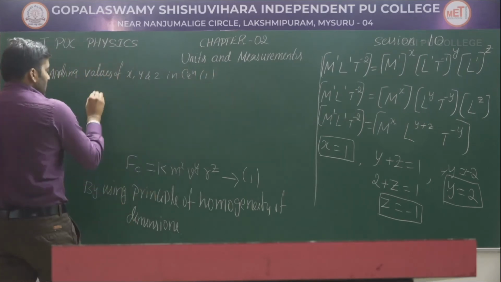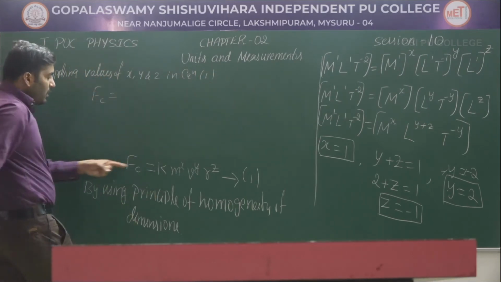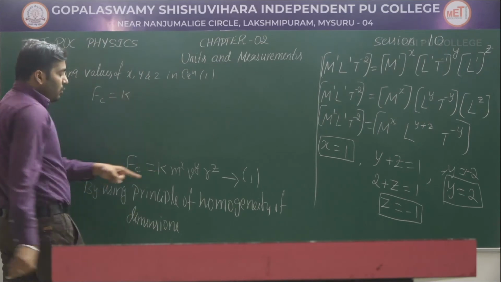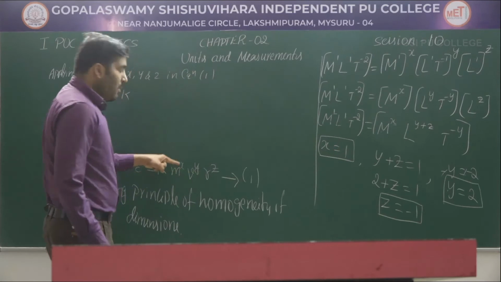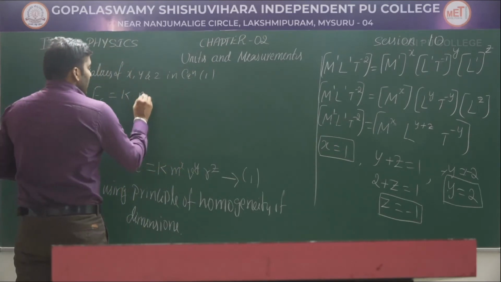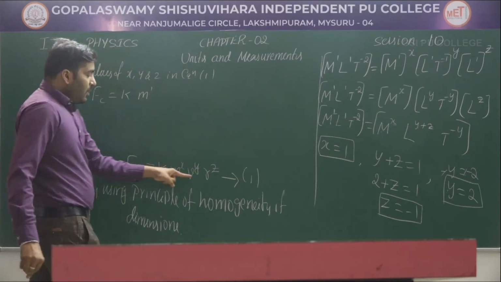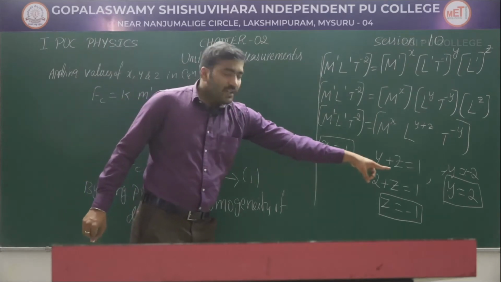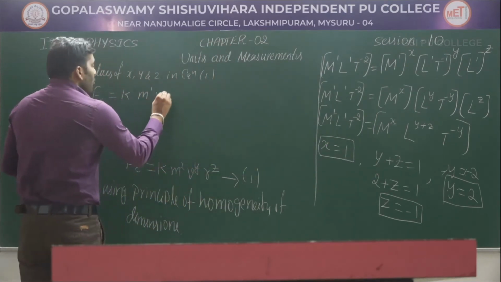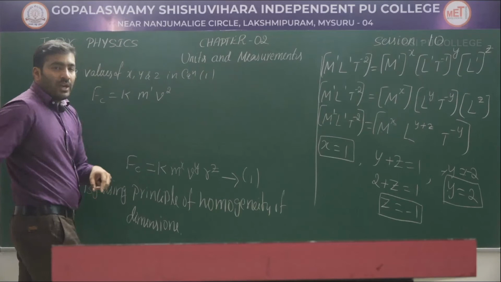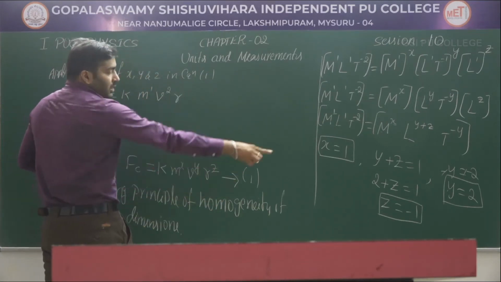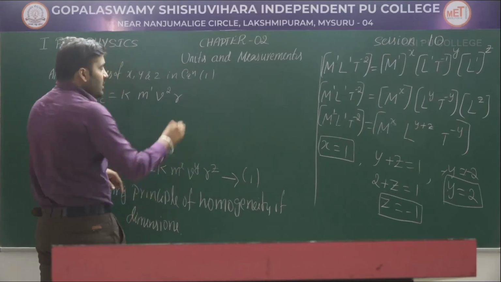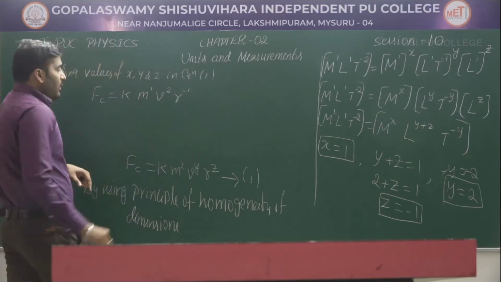So Fc is equal to constant k into m power x, the x value is 1, so m power 1. V power y, the value of y is 2, so this will be v power 2. Next, r power z, the z value is minus 1, so r power minus 1.